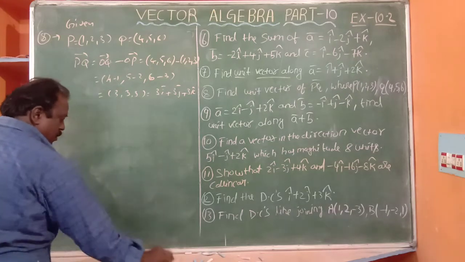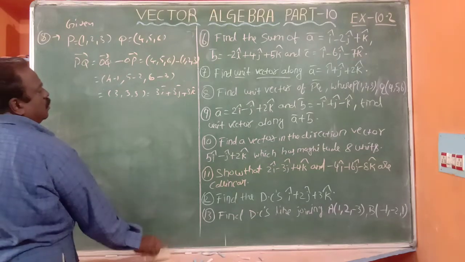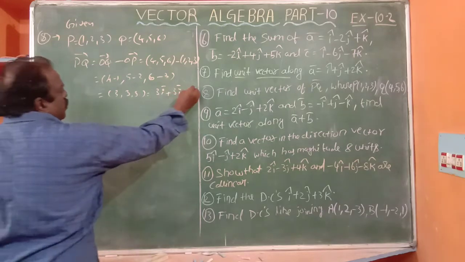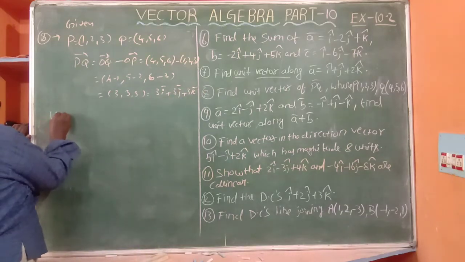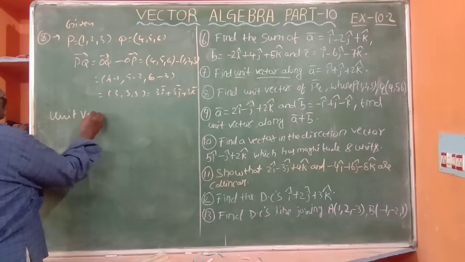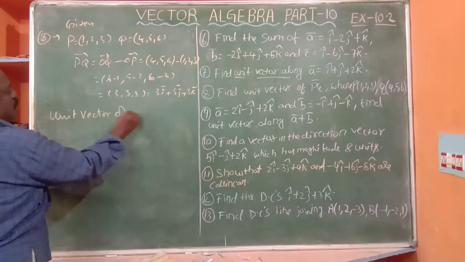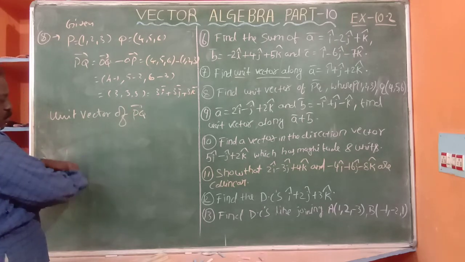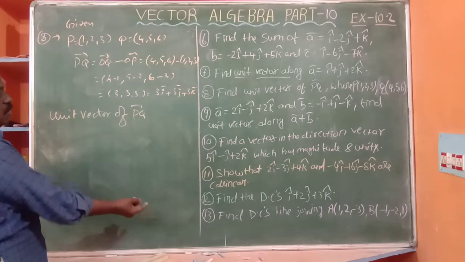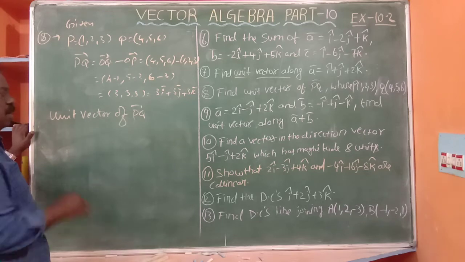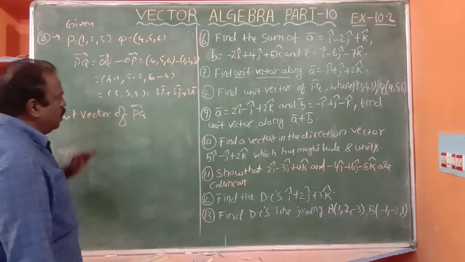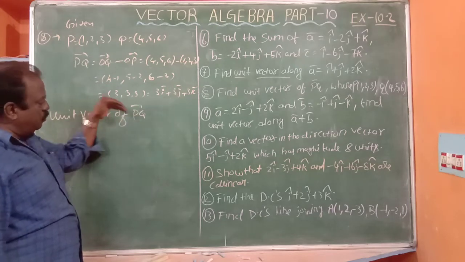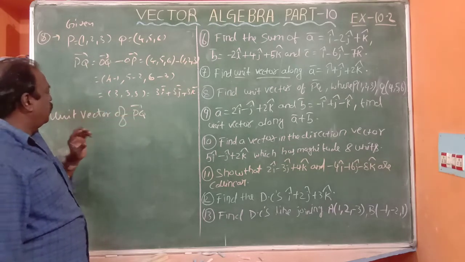Now the unit vector. We are asked the unit vector of PQ bar, in the direction of PQ bar, along PQ bar, parallel to PQ bar, collinear to PQ bar, whatever it may be, all are the same.